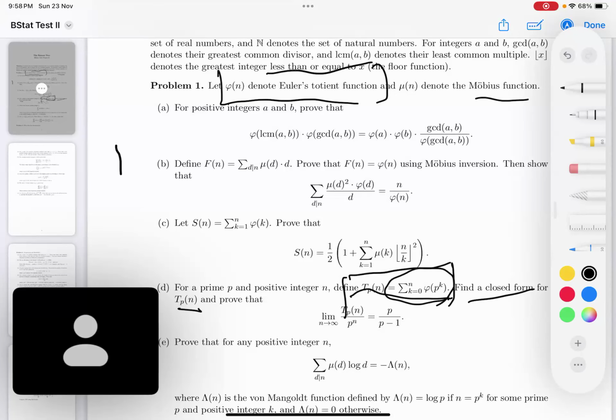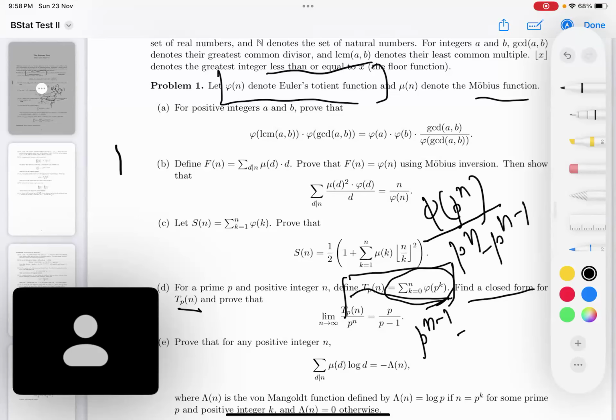This is actually telescoping the series. Do you understand what telescoping a series is? See, what is phi of p to the power n? The biggest term will be p to the power n minus p to the power n minus 1, correct? Then the next term is p to the power n minus 1 minus p to the power n minus 2, correct?